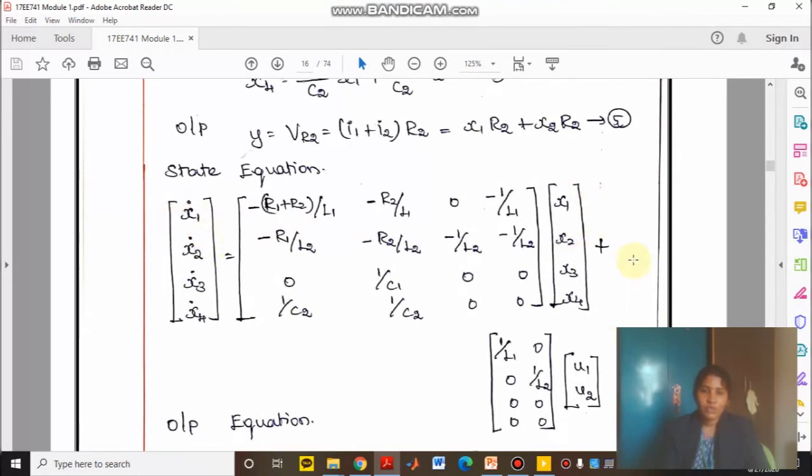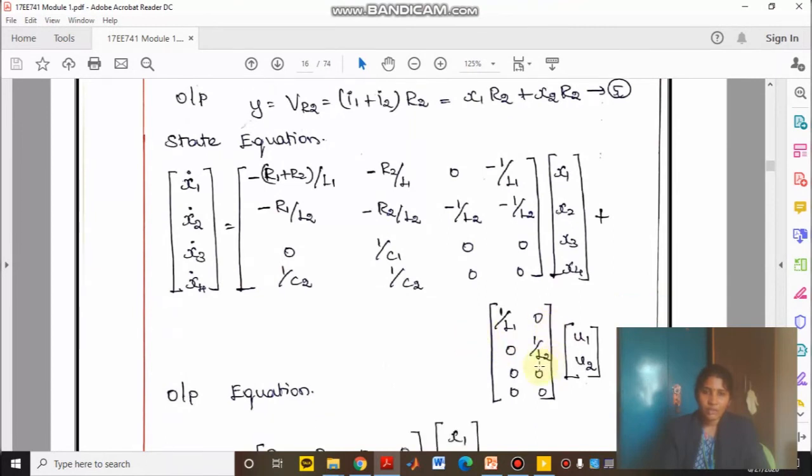The B matrix has 2 inputs, so it is 4 cross 2. The first row contains the coefficients of x1, x2, x3, x4 in x1 dot. The second row contains the coefficients of x1, x2, x3 and x4 in x2 dot. The third row contains them in x3 dot, and the fourth row in x4 dot.